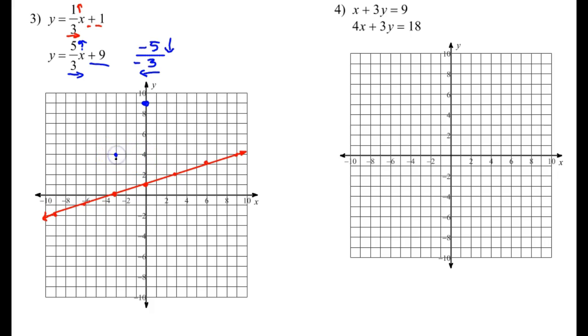Down 5, left 3. And we have intersection right here at -6, comma, -1.